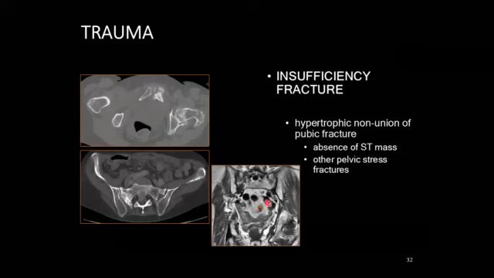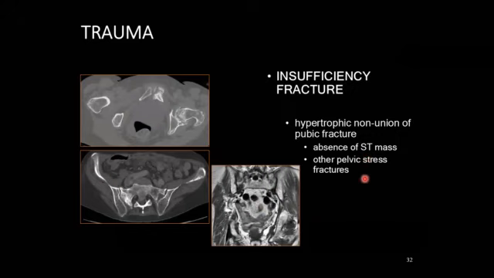Now, regarding insufficiency fractures, when there is abnormal bone to begin with, there will be hypertrophic non-union of the pubic bone in case of pubic fracture, without soft tissue mass. So the absence of soft tissue mass can rule out the possibility of neoplastic abnormality.